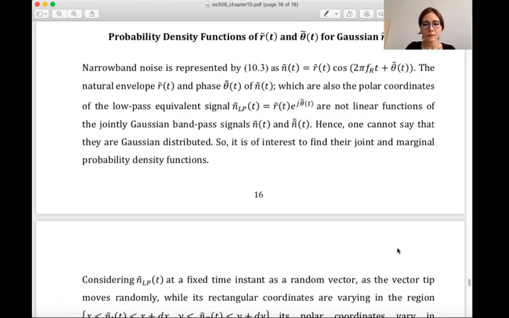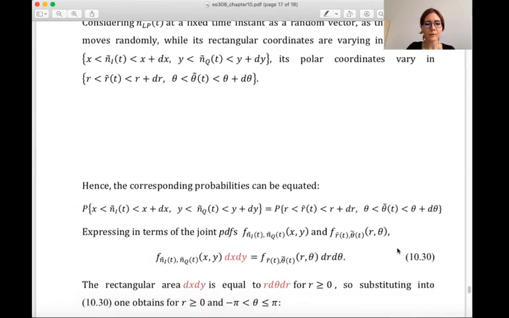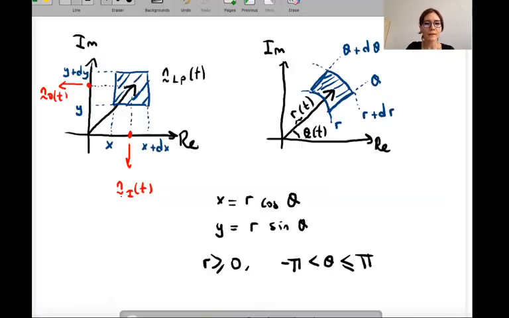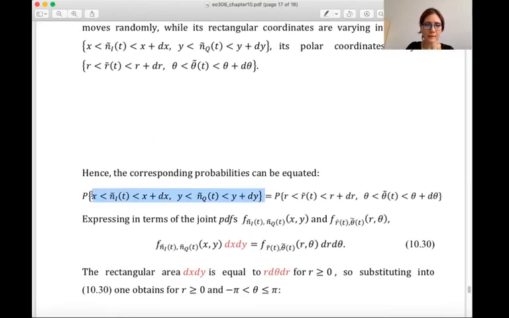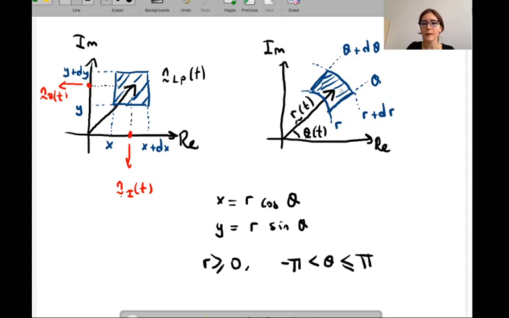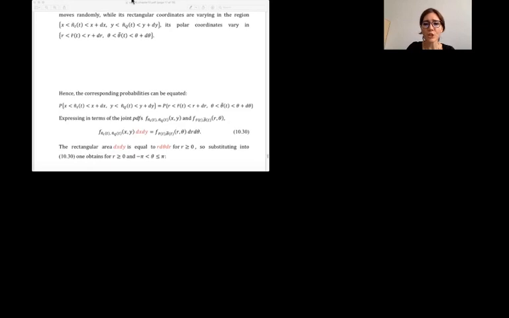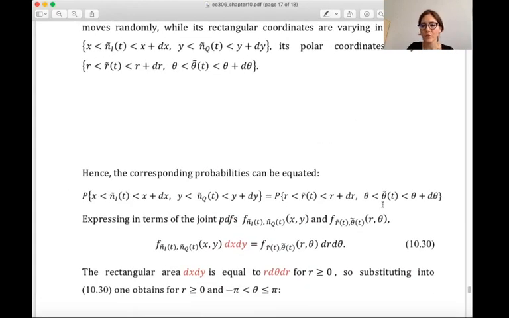So writing this first probability, NLP of t being within this rectangle would be expressed as this. The real part should be between x and x plus dx, similar for the imaginary part. So it's the same expression. This is equal to the probability that NLP of t is within this region in the r theta domain, which is written in here.